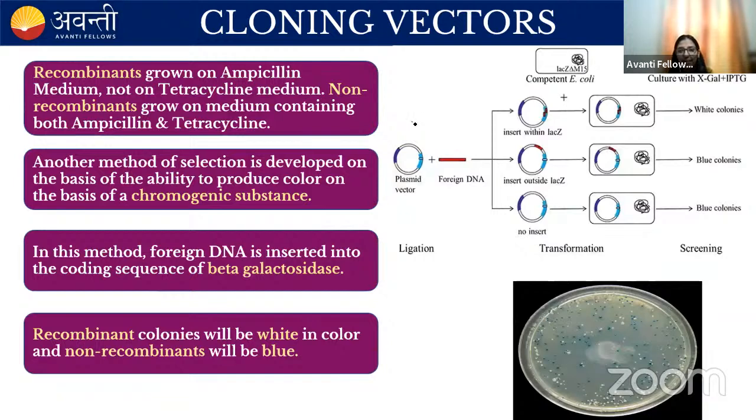There's another example. See, this is a plasmid vector, and this light blue portion represents a gene which is lacZ. This lacZ gene codes for an enzyme which is beta galactosidase.